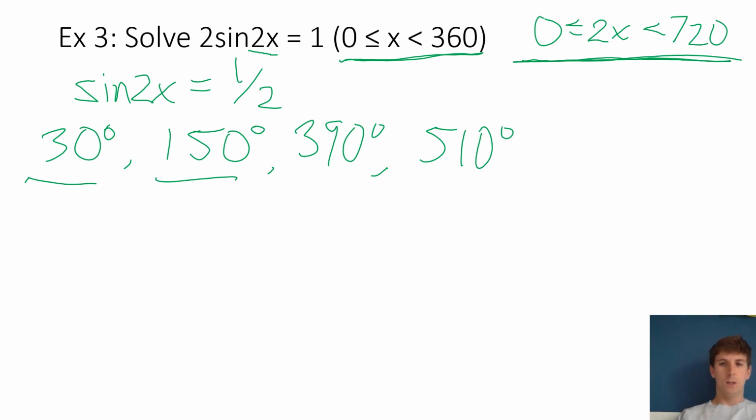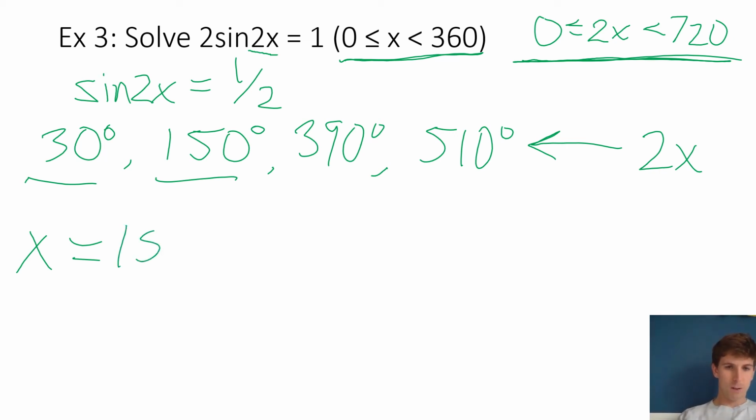Those are not our final answers, because those are the values 2x equals, and we're trying to solve for x. Luckily, it's easy to figure out what x equals once you have 2x. All we have to do is divide each of these angles by 2.